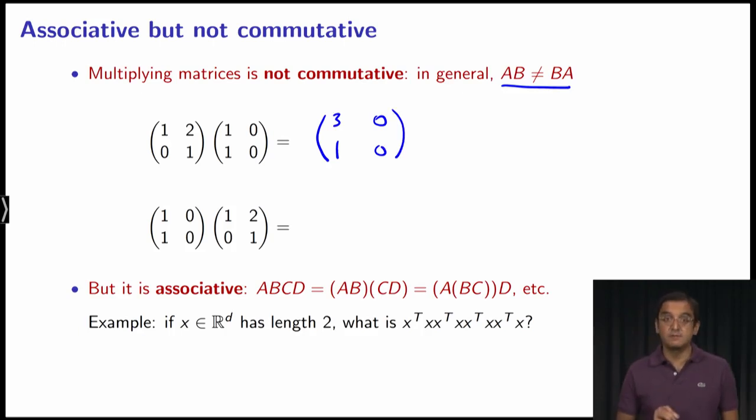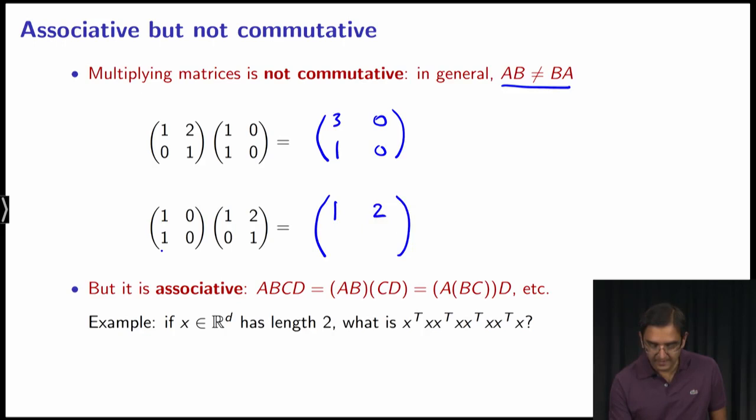So that's the first product. The second product is 1, 2, 1, 2. They are completely different. They aren't even close. So this is something to be a little bit careful about. You cannot switch the order in matrix multiplication.